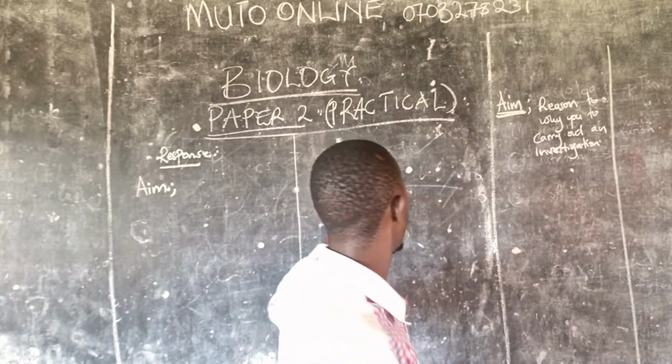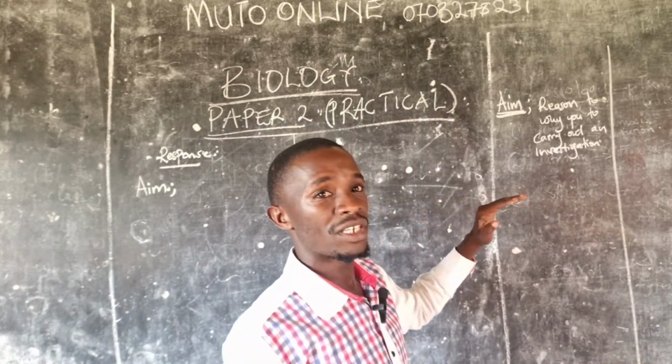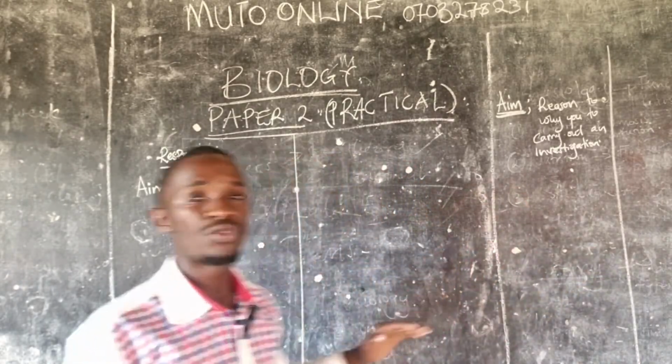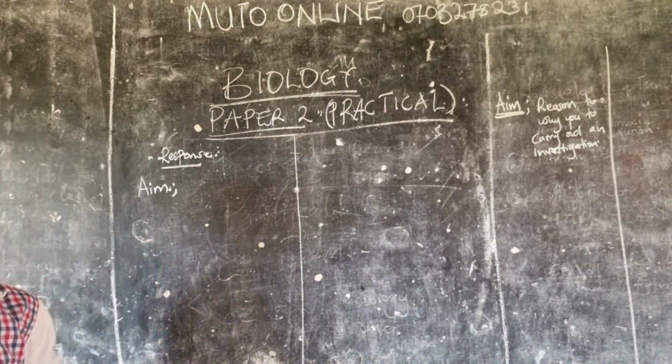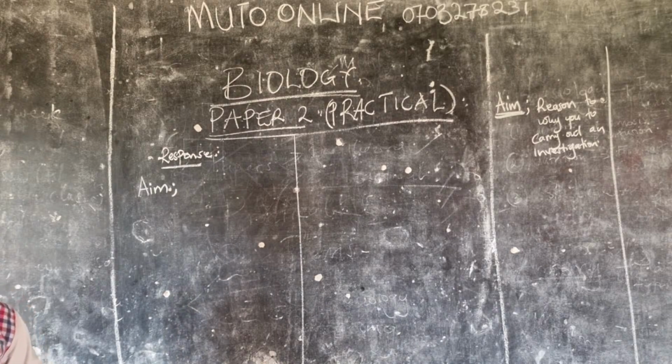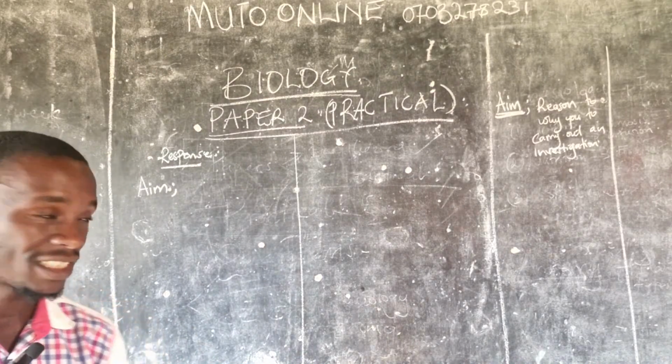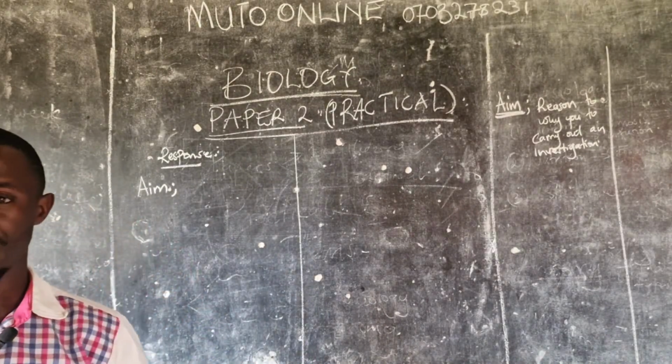So let us assume the aim of the experiment is to find out which food nutrients are absent in a certain food solution. Maybe this someone was presenting symptoms of a certain deficiency disorder.